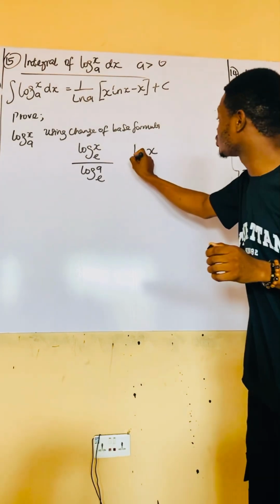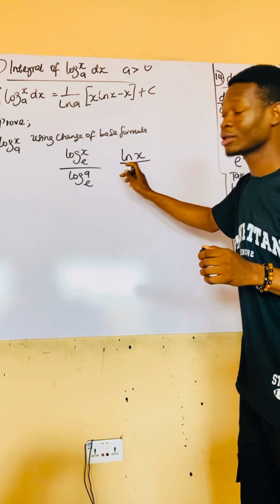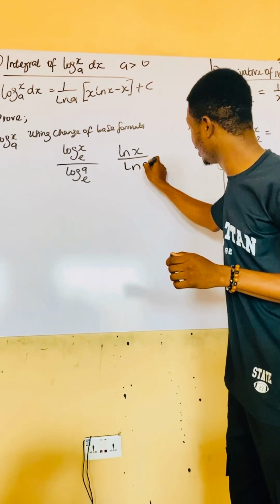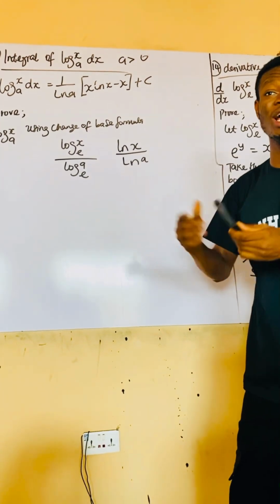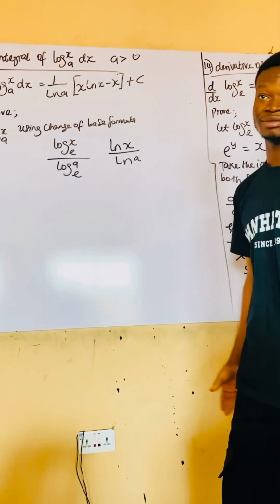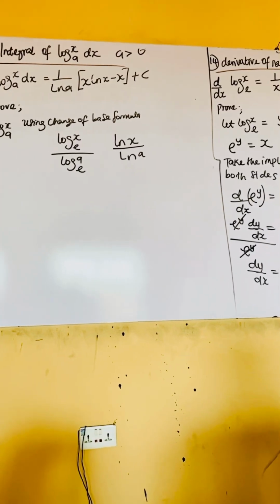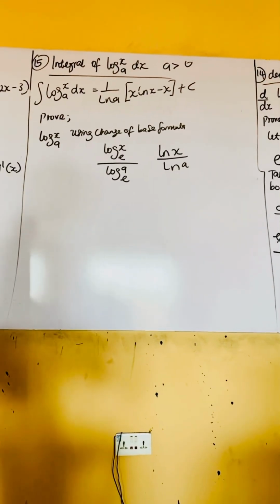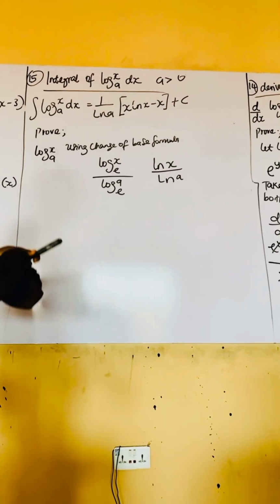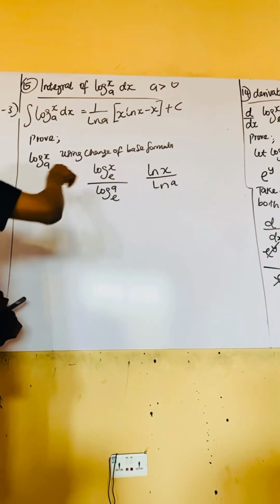So this one will be over ln of a. Any logarithm where the base is e means ln. Do you understand this now? So let's continue.